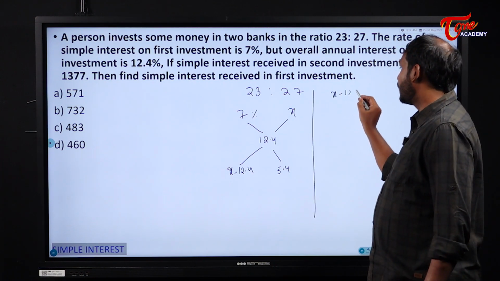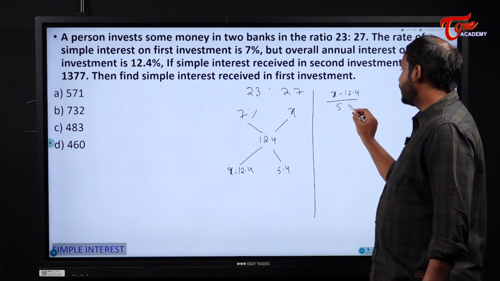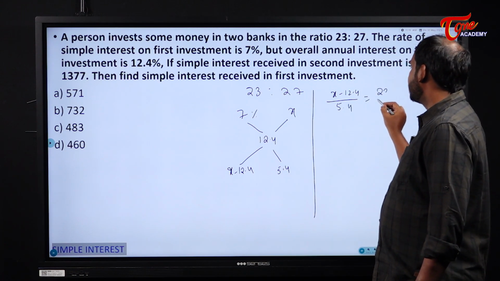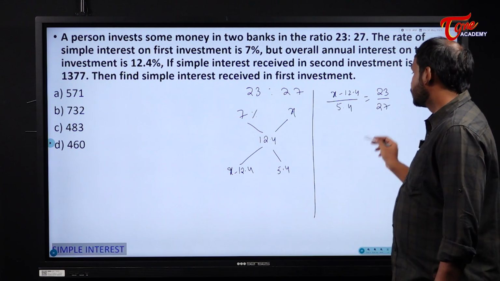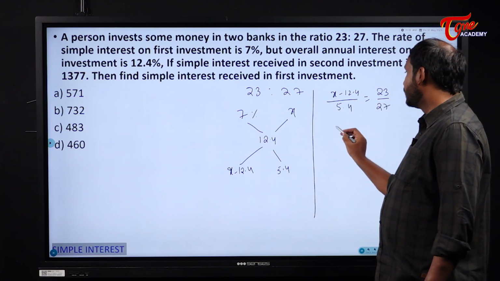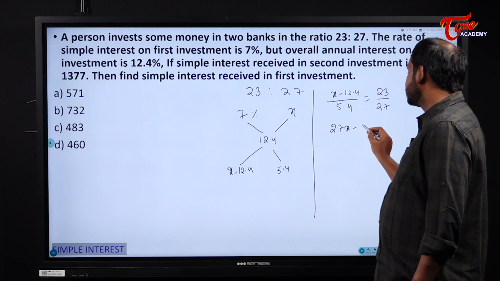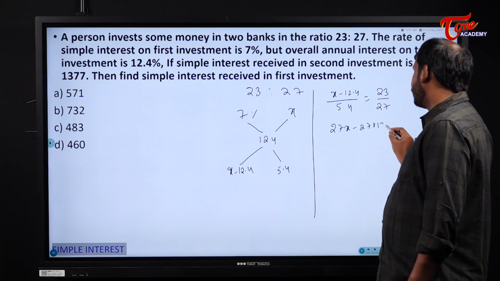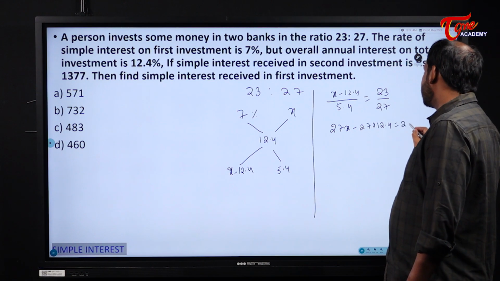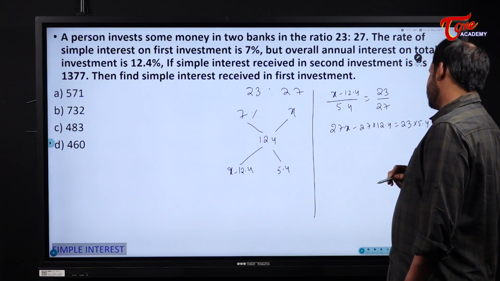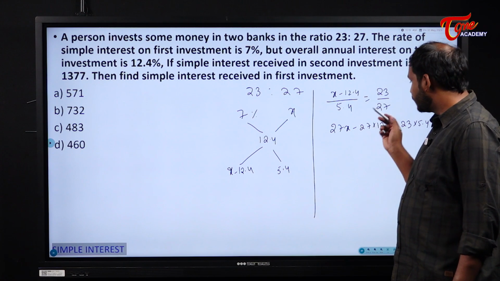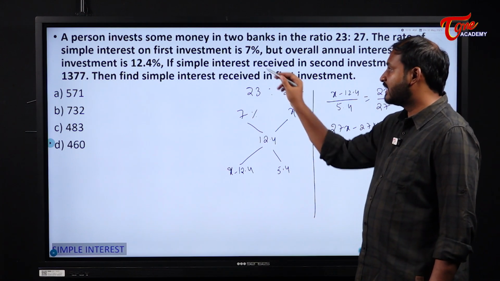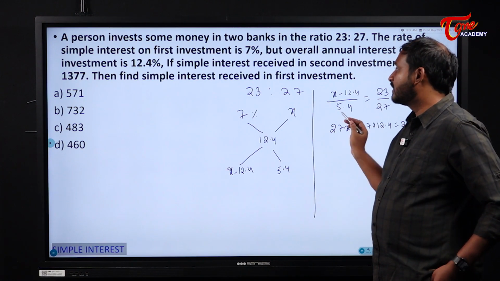x minus 12.4 by 5.4 is equal to 23 by 27. So when you cross multiply it, what will you get? 27x minus 27 into 12.4 is equal to 23 into 5.4. Solve this, you will get the answer. Similarly, how did we solve the remaining one?